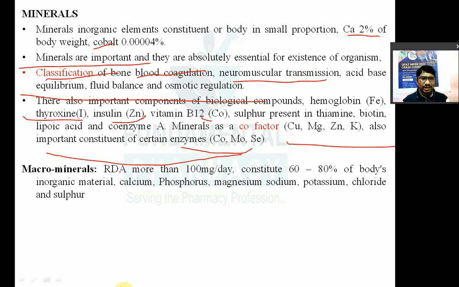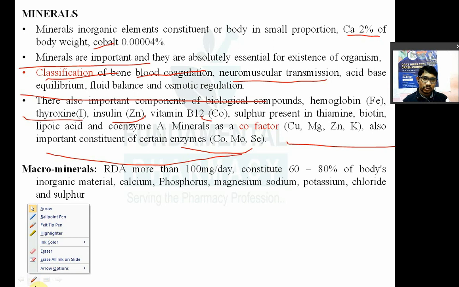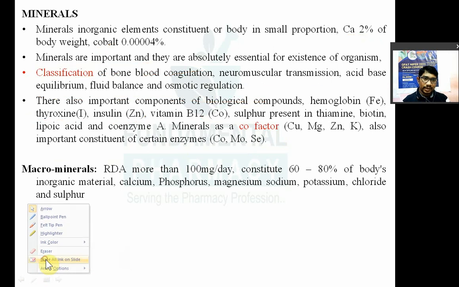Now minerals may be classified depending upon their requirement, that is, how much of each mineral your body needs daily. They are classified according to the recommended daily requirement. They are classified as either macro minerals or micro minerals. Macro means large quantity.